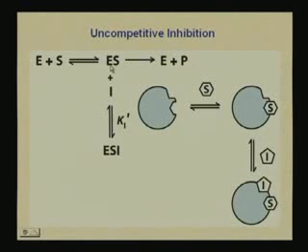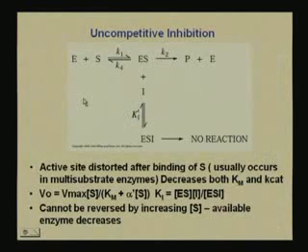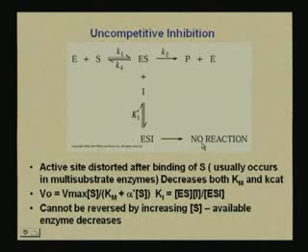But again, it is the enzyme substrate that is going to form the product. Okay? So, this is the basic difference between these. So, what happens is, again, this ternary complex of ESI is not going to give us any reaction.